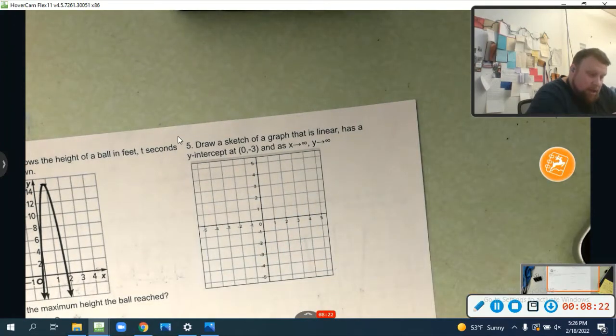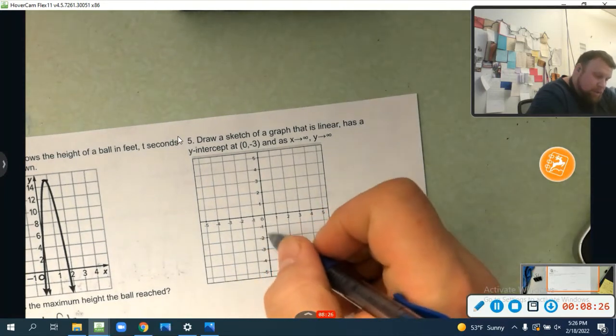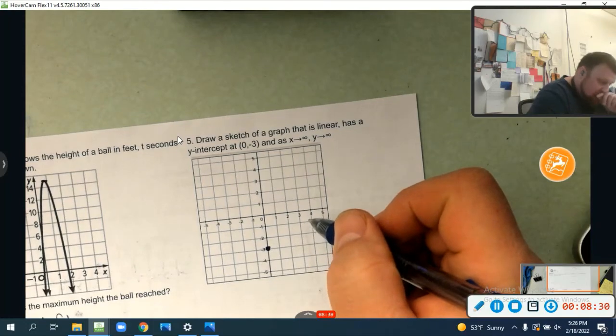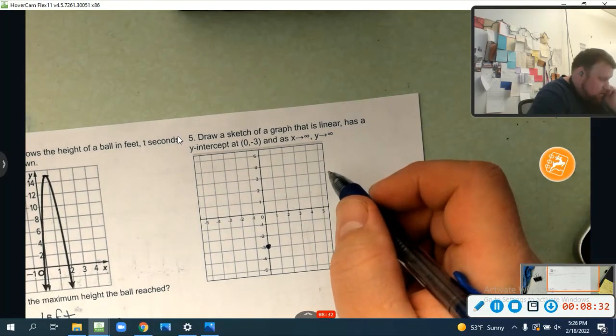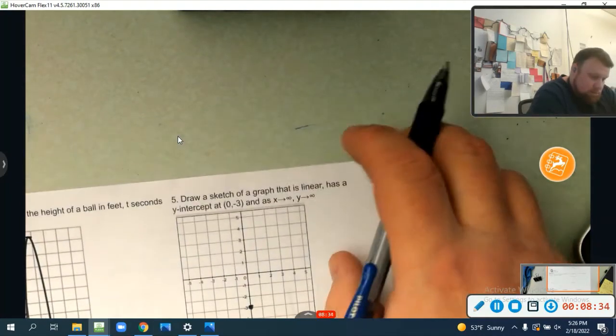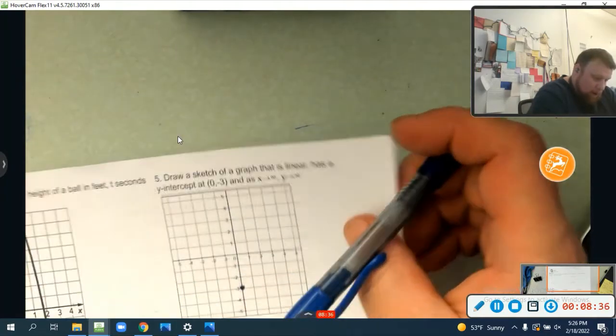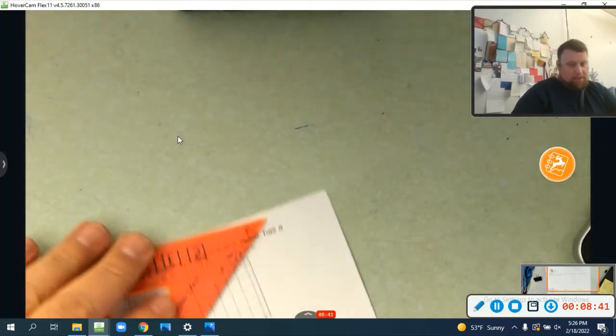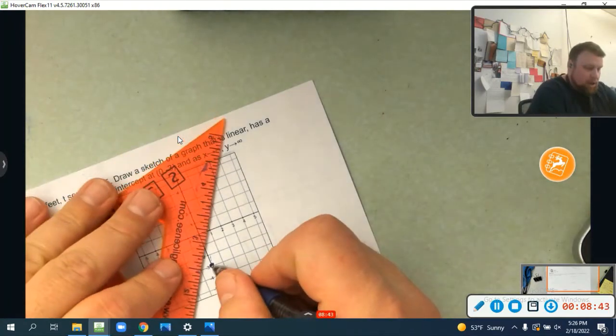Draw a sketch of a graph that is linear, has a y-intercept at (0, -3), and as x approaches infinity, y approaches infinity. Well, this could be a lot of graphs, guys. Basically, we just need to draw a line with a positive slope.